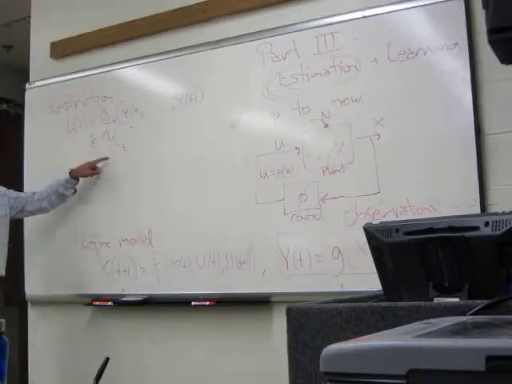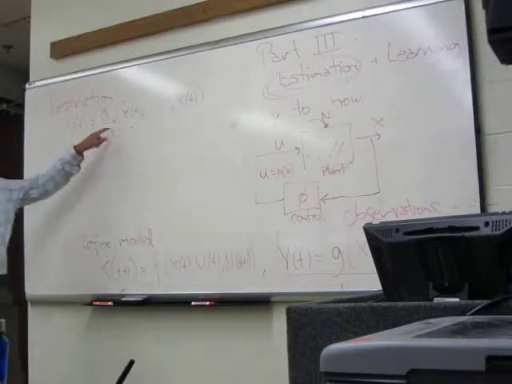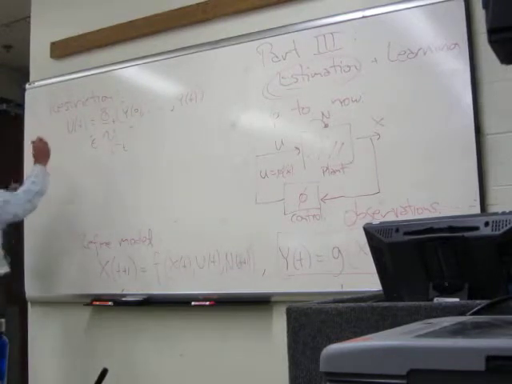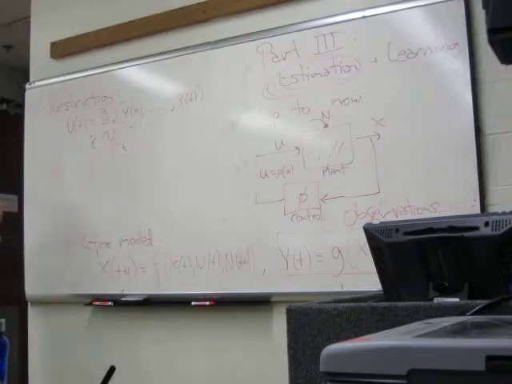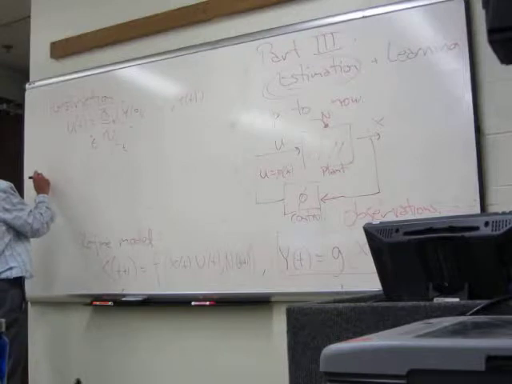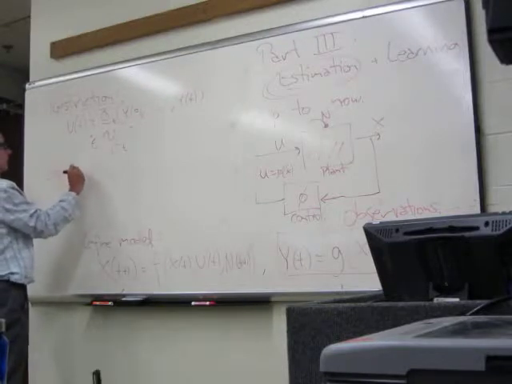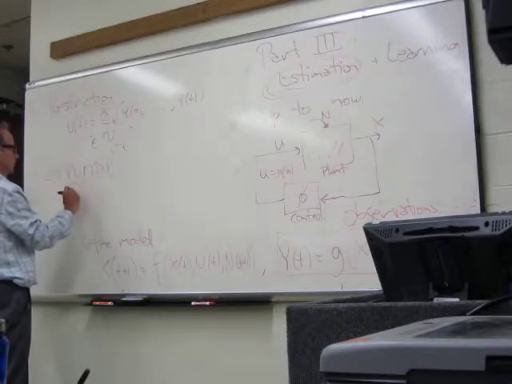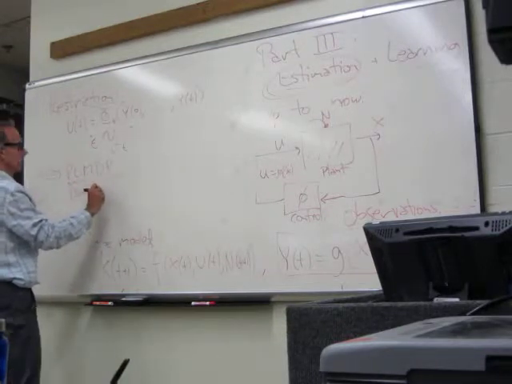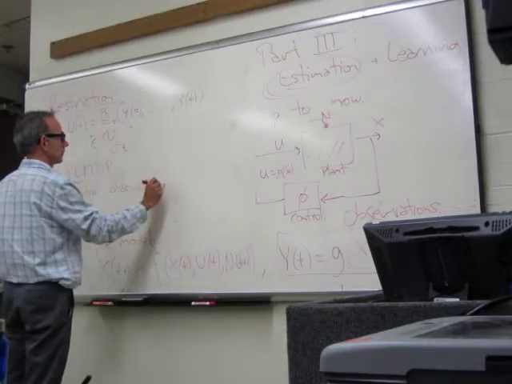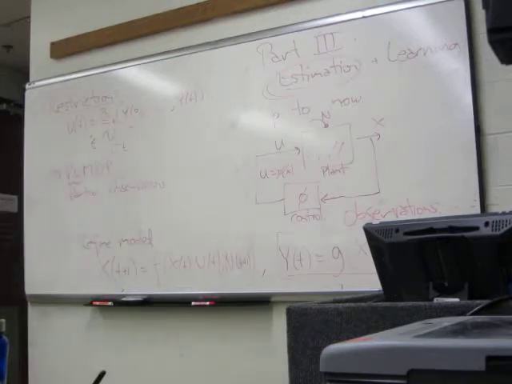When I say u of t is in y sub t, I mean u of t is a function of the past observations. And then what we call this is a POMDP.